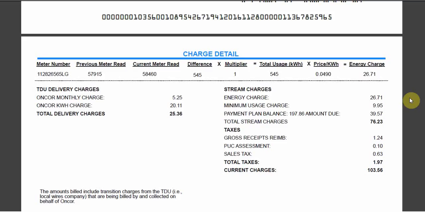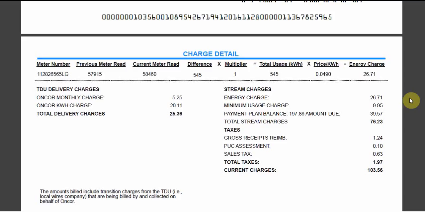The rates and the fees will be different according to the state and or city that they are in, because some cities have different utility companies, or the local wires and poles and all that, the management company.